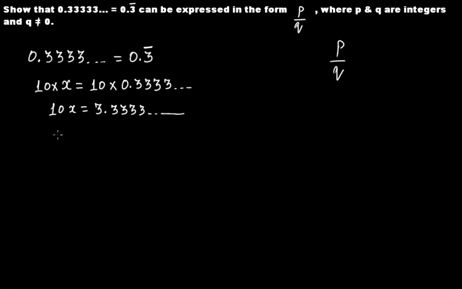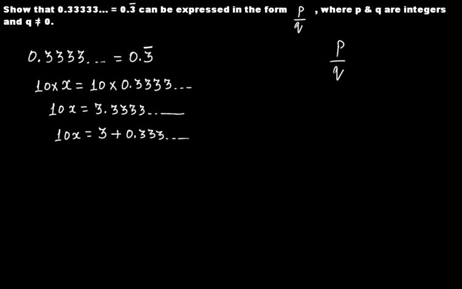Now this is 10x, and this can be written as 3 plus 0.333 and it's never going to end, right? So when you add, you'll get this number.